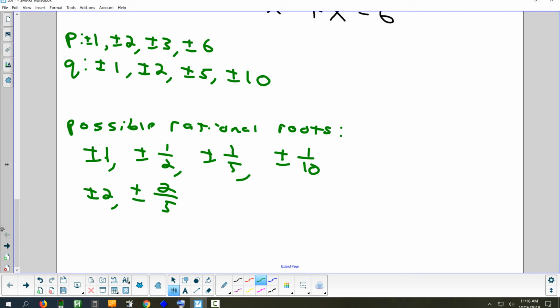All right. How about somebody else, my roots with a 3 in the top? 3/5, eventually. What would be the first one? It'll be 3. Plus or minus 3, good. Next will be 3 over 2.